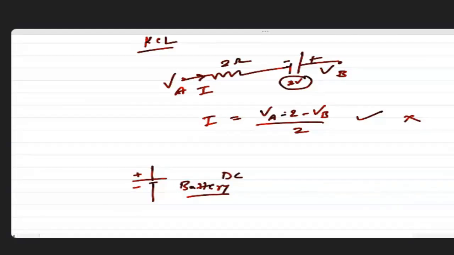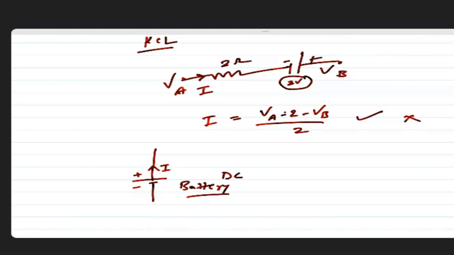The tendency of a battery is to release the current. From which terminal is the current released? Plus terminal or minus terminal? Plus terminal. If the current is releasing from the plus terminal of the battery, then the battery is acting as a source for supplying that network.